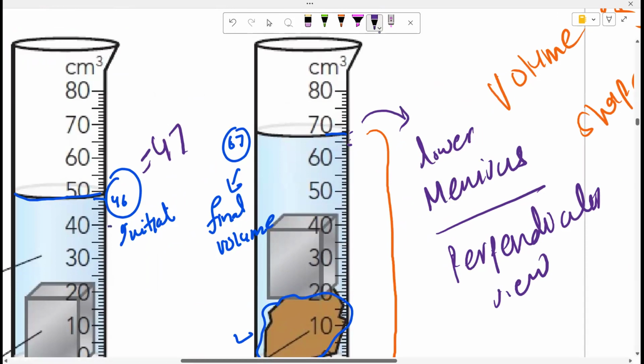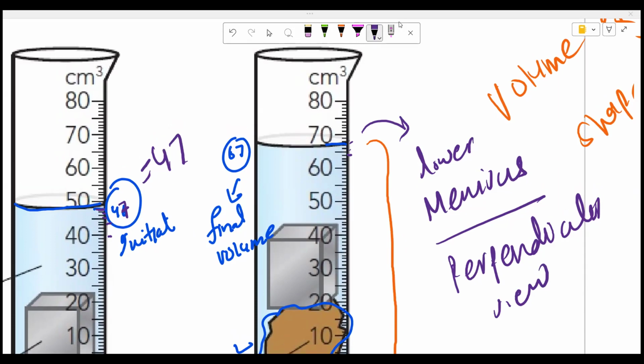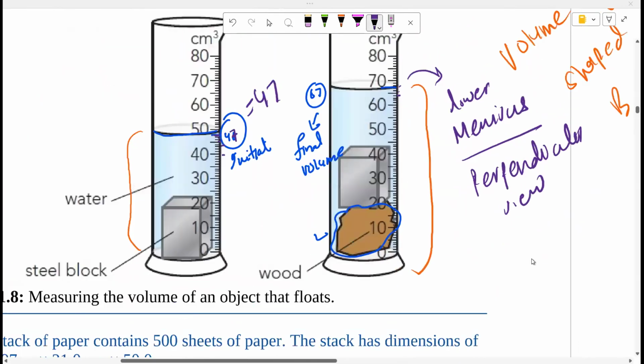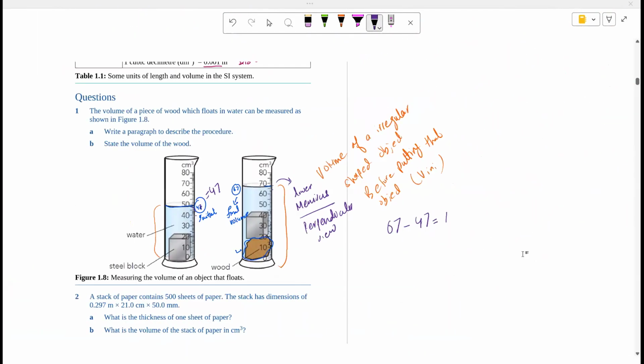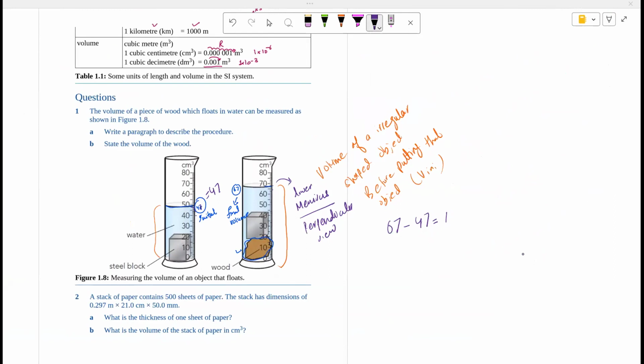And this is 40, this is 45, 46 and 47 and 47 पे आके टच करिए लाइन हमारे पास, तो 47 ये फाइनल माइनस इनिशियल. मुझे अब ये बताएं 67 माइनस 47 कितना होता है? 23. 67 minus 47 is 20. So the final volume would be 20.